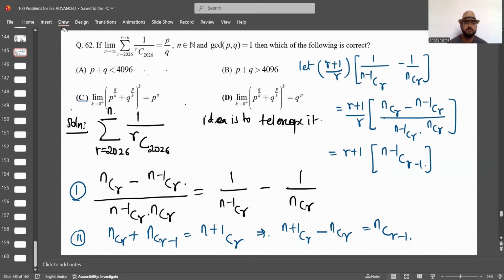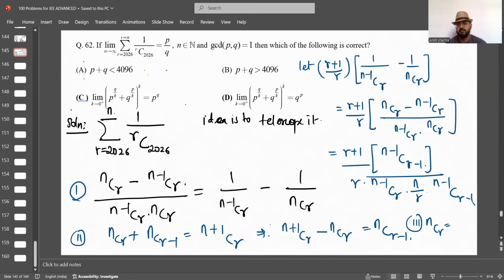This is the (r+1) here simply, and then r in the denominator, and then here I get (n−1)Cr. And for this nCr we can use the property n over r, and then (n−1)C(r−1). In case you do not know, nCr will be n over r times (n−1)C(r−1).